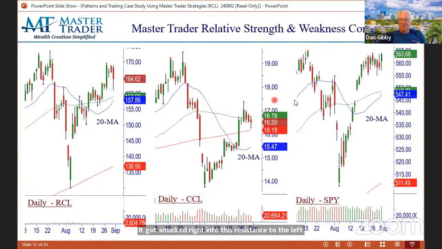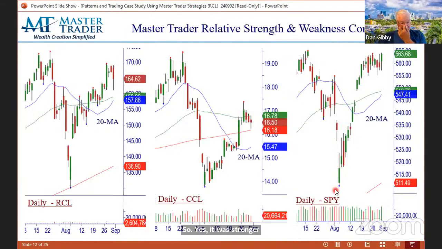So Greg, I'll tee this question up for you. Well, let's see. So 1, 2, 3, 4 bars. See this green bar right here? That's what the S&P looked like when we bought the RCL 1, 2, 3. So yes, it was stronger.